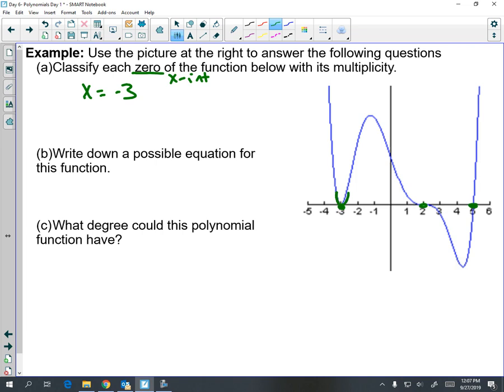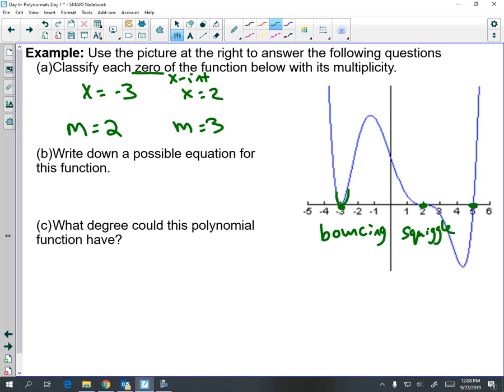And at x equals -3, I am bouncing. If you're bouncing, that is a multiplicity of 2. Let's move on to the next one. At x equals 2, I have a squiggle, which is a multiplicity of 3.